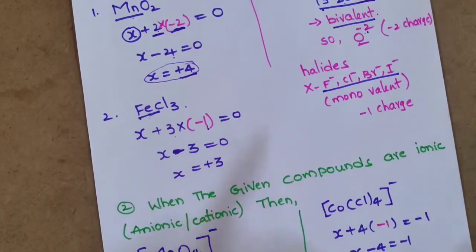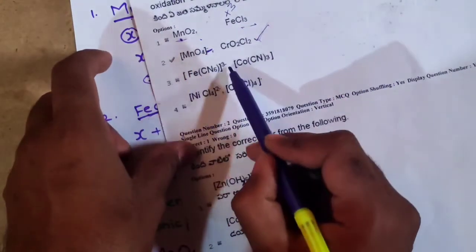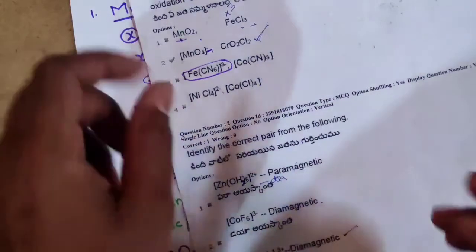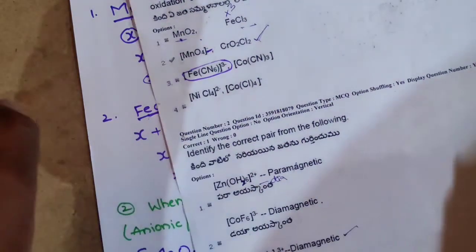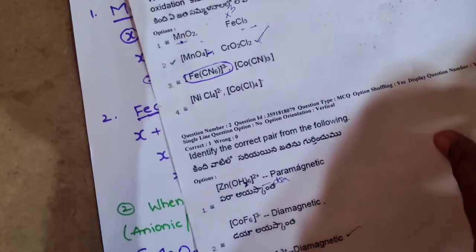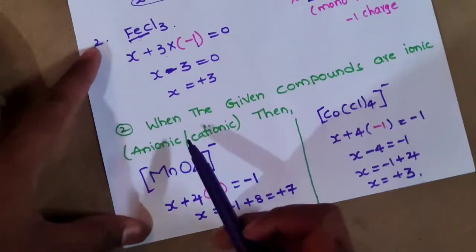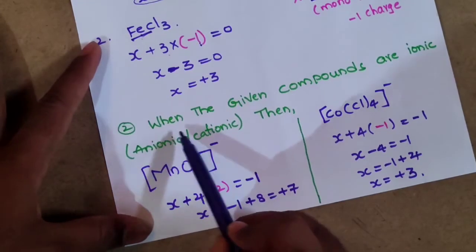And in option 2 we have a negative charge. See, some compounds are with a negative charge on them. So in that case, when the compounds are in ionic state, we have to follow this. I have written here very clearly.